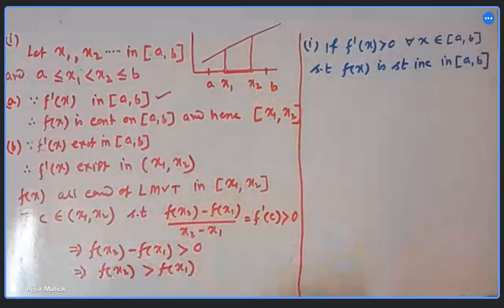Since x1 and x2 are arbitrary in the closed interval AB, therefore f(x) is strictly increasing in the closed interval AB.